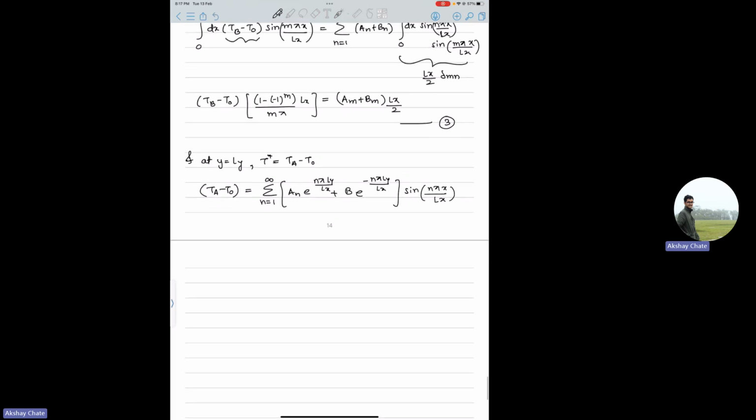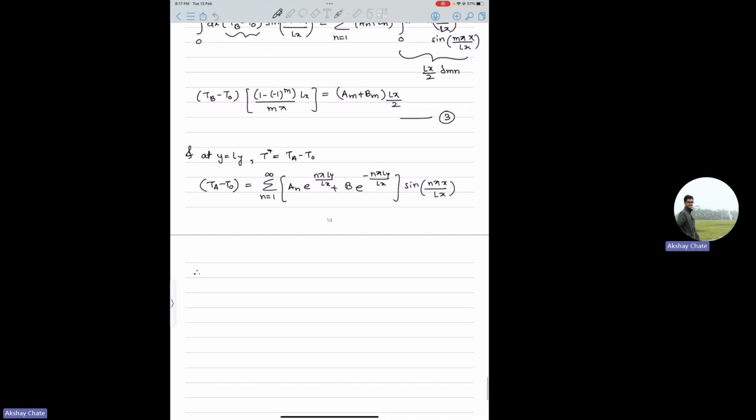And then again you multiply both sides with sin m pi x, and then what you end up with is, I'm skipping one step here, but I think you can get it as done previously. It's the same thing only.